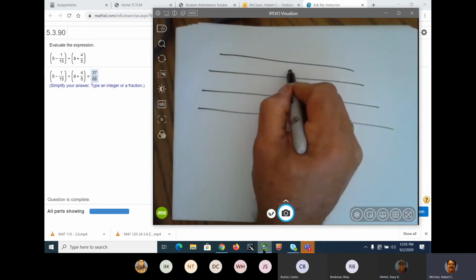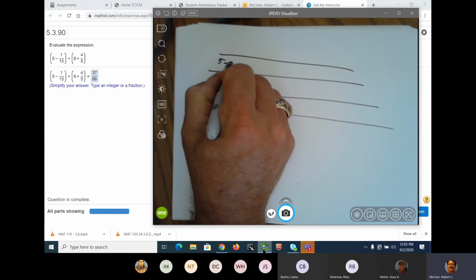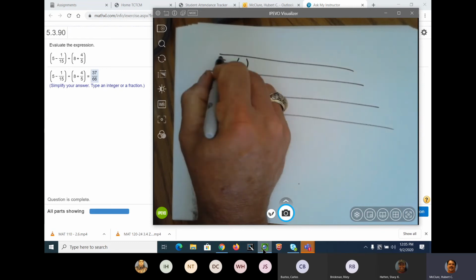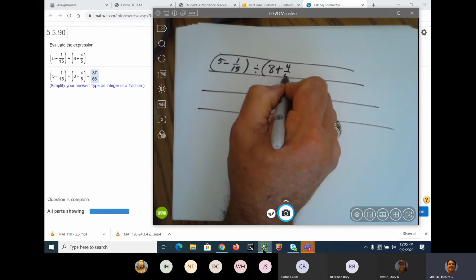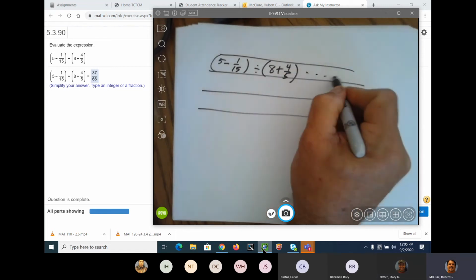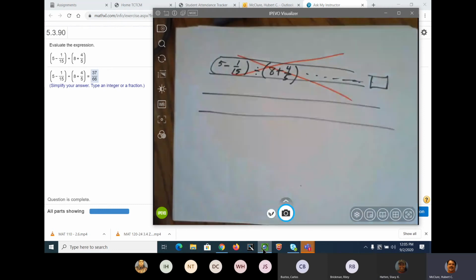And y'all try to go, let's see, 5 minus 1/15 divided by 8 plus 4/5. And y'all try to do it right in here and try to write an answer right over there. Especially you guys. I don't know why you think you can do that, but I'll tell you a little secret. You can't. Okay? So let's just forget about trying this, okay? That don't work.